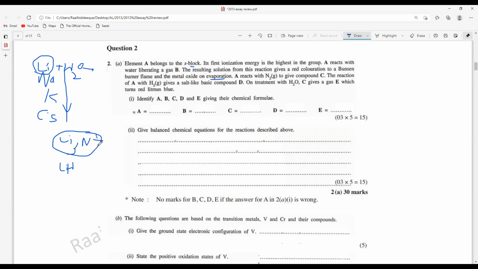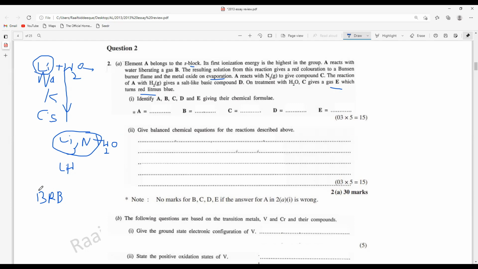when you treat this one with water, E gas is formed, which turns red litmus blue. Red litmus turning blue, you can easily remember like this: BRB. What is BRB? A base will turn red litmus into blue.